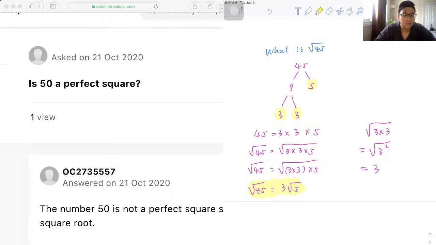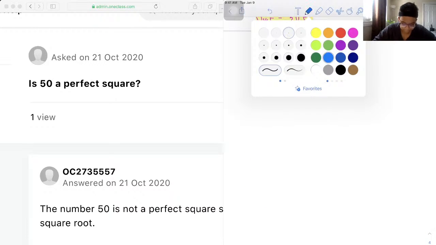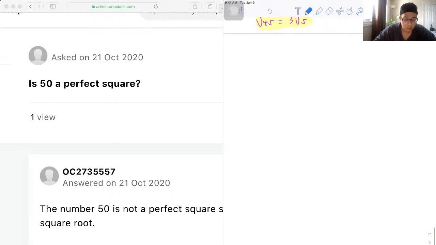Okay, so our next question is asking us, is 50 a perfect square?